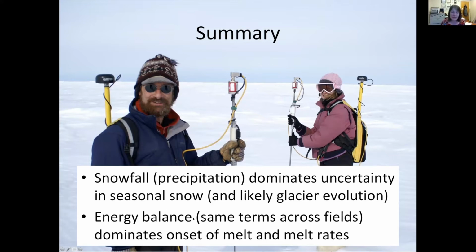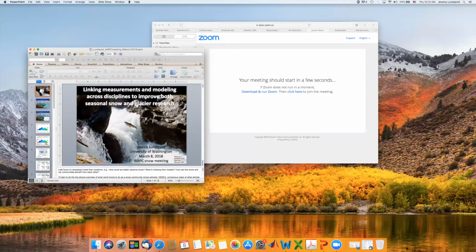The energy balance dominates the onset of melt and melt rates. And actually our models are getting much better at this, and our abilities to add remote sensing to improve this are rapidly increasing. And with that, I will return my screen to everyone else so we can stay on schedule and allow plenty of time for questions. Thank you.